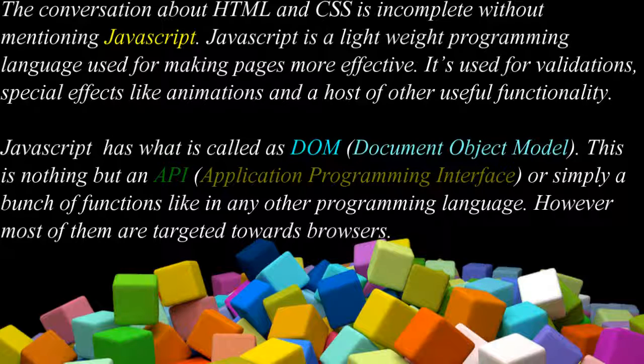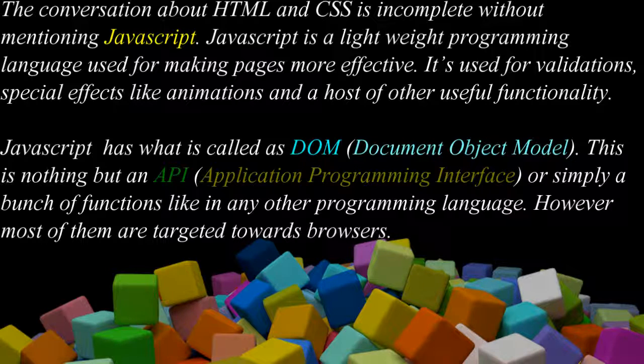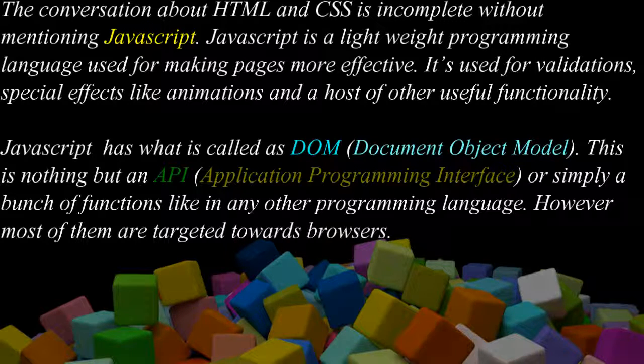This is nothing but an API. API means Application Programming Interface, or simply a bunch of functions like in any other programming language. It's a library of functions basically. However, most of them are targeted towards browsers. They're not standalone functions, most of them work inside browsers. So a browser understands JavaScript code.